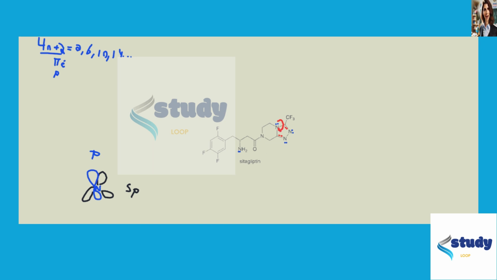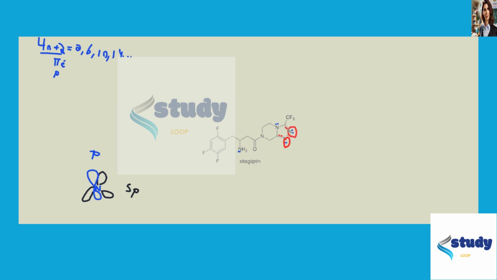Another trick to determine if your lone pair electrons will be in the p or sp orbital is that if you have an atom, such as this nitrogen, that has multiple bonds attached to it, then its lone pair electrons cannot be involved in determining aromaticity. For example, these 2 nitrogens already have double bonds attached to them.